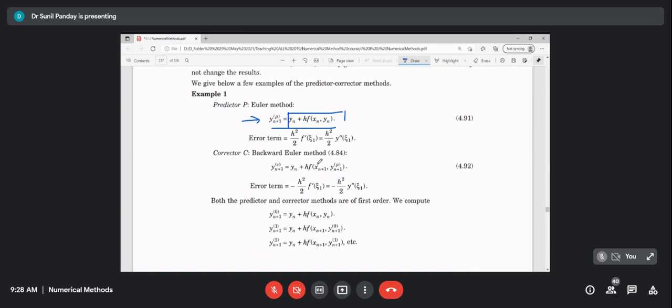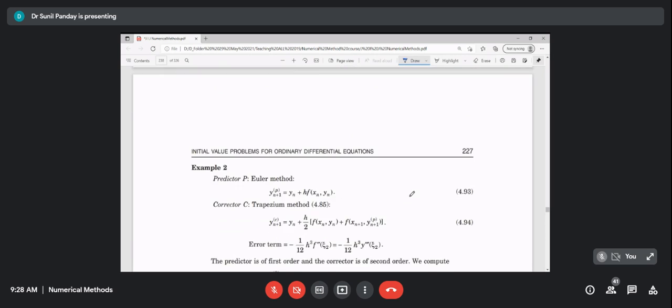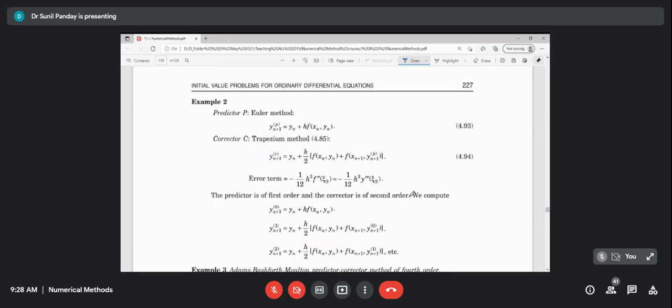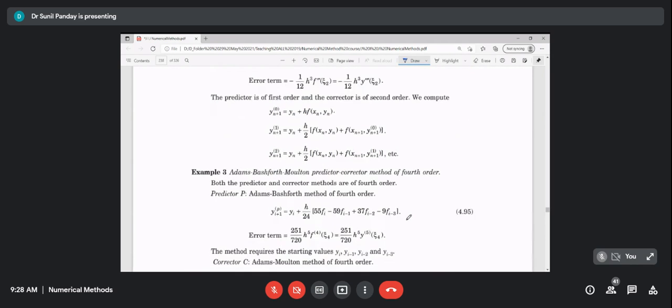Then another method is used, the backward Euler method, and in this method, instead of using yn, they use the predicted value of yn plus 1 to correct the value of yn plus 1. So here xn is replaced by xn plus 1 and yn is replaced by the predicted value of yn plus 1. Let's discuss in the next part.